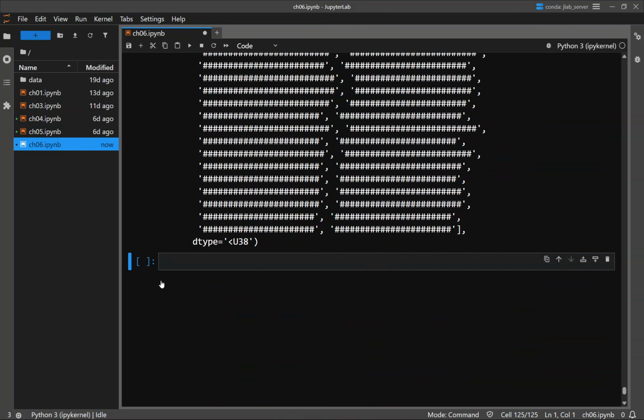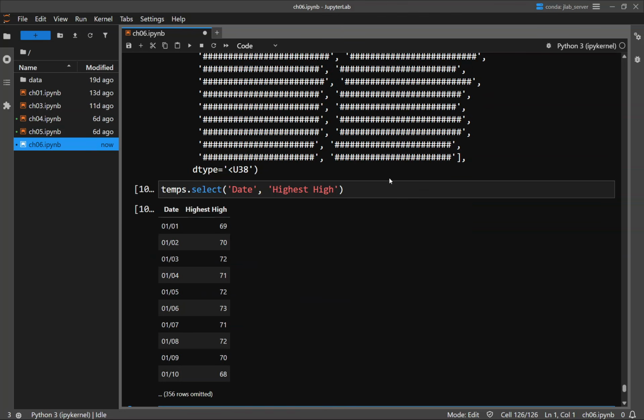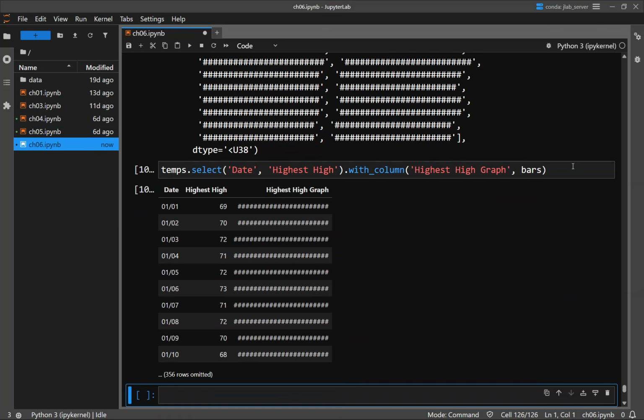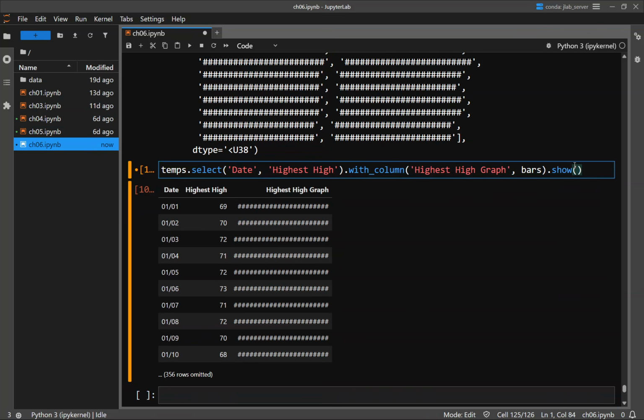Scroll, scroll, scroll, get me to the end. So my original temps table, let's select out the date and the highest high. I start with this table, and let's attach with column highest high graph or something. And those are the bars that we've generated. Then if I show the whole thing, that's kind of like a graph. It will be right justified, right?